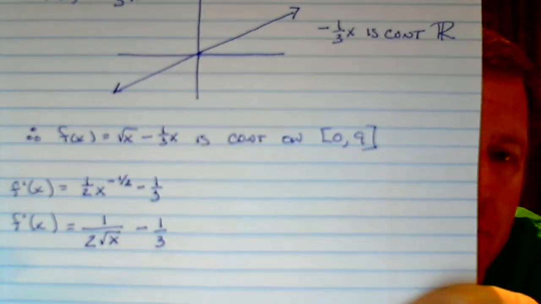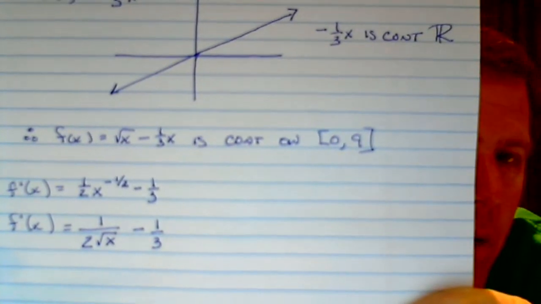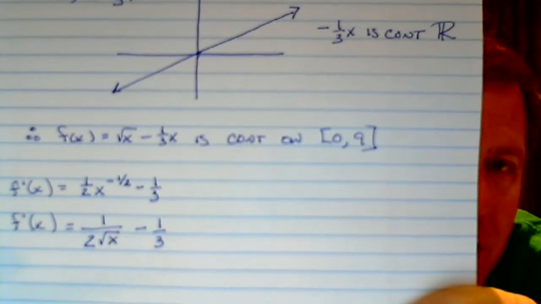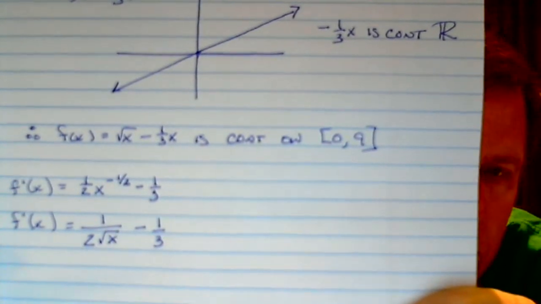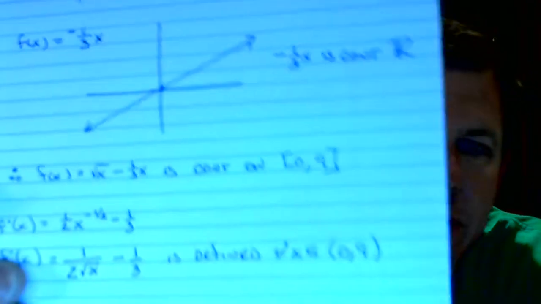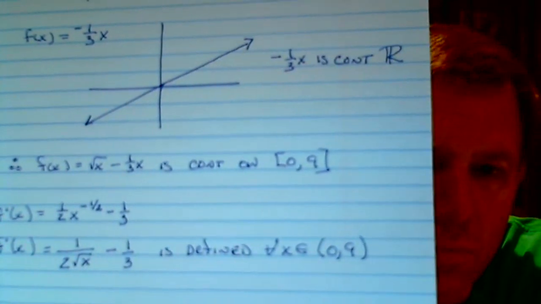So our derivative, 1 divided by 2 root x minus the constant 1/3, is defined for all the values in our open interval 0 to 9. So this is defined for all x an element of the open interval 0 to 9. Well, by our definition of differentiability, if that's true, that's what we need.